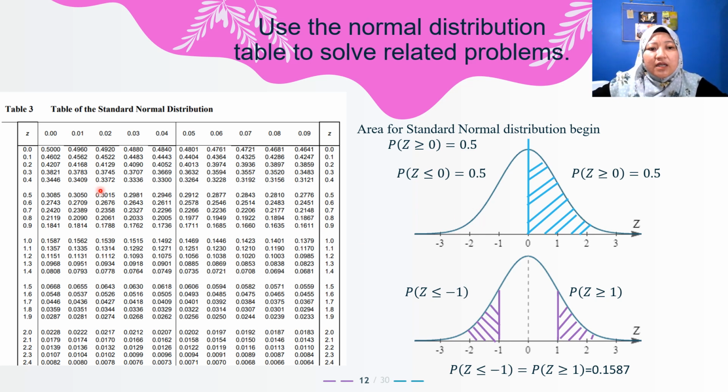Dan kalau perhatikan dekat sini, nilai paling tinggi dalam table standard normal distribution adalah 0.5. Dan awak perhatikan, lagi dia bergerak ke kanan, nilai dia makin kecil. Kalau dia bergerak ke bawah, nilai dia makin kecil dan makin kecil.